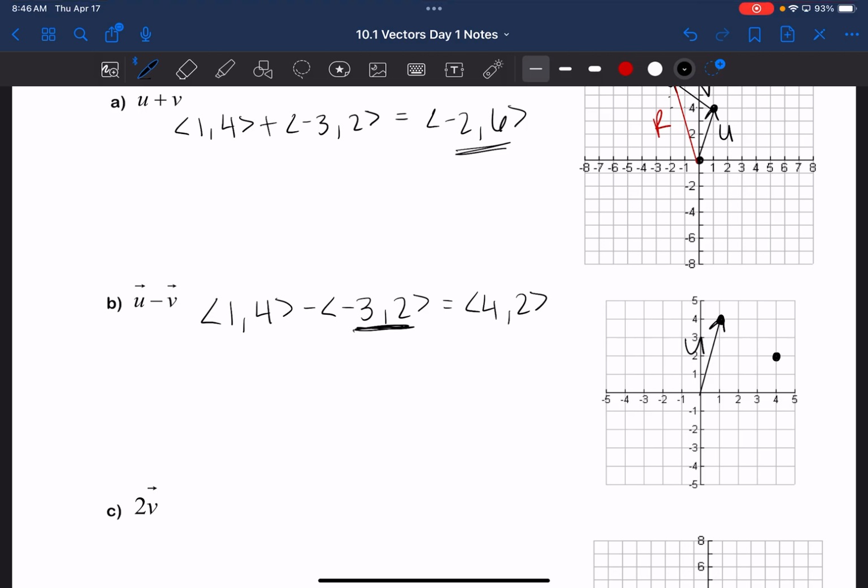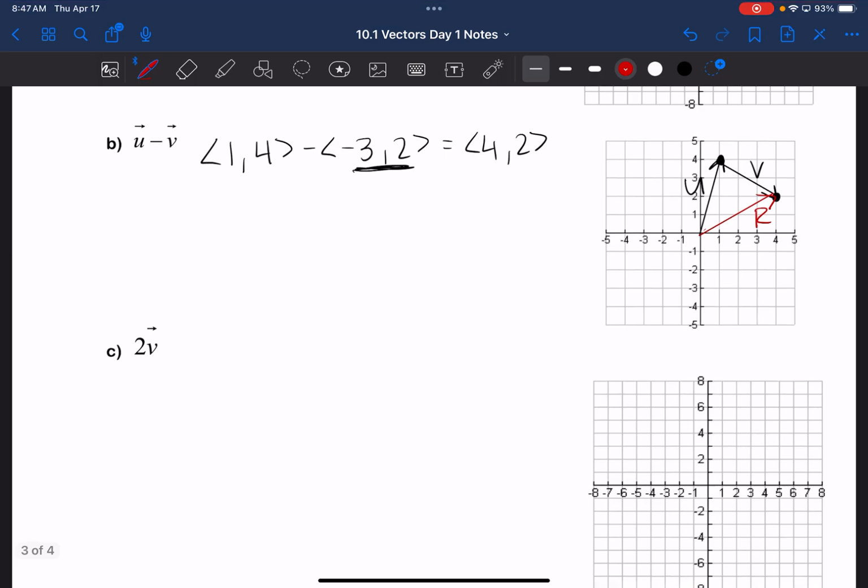So here was u, and here was v. This would be the shortcut, the magnitude, the distance between our starting and ending points. Okay. And then C, this one didn't ask you to add or subtract anything, just multiply, right? So this would be 2 times the vector (-3, 2), so we end up getting, good.